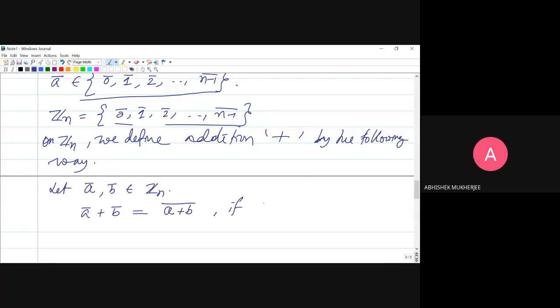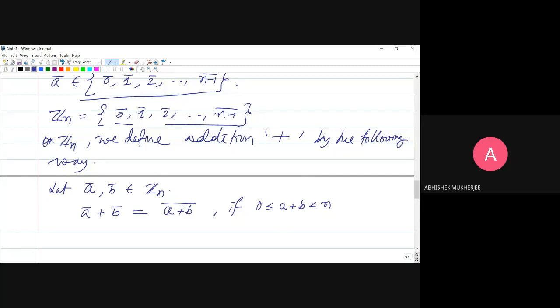If you see that this a plus b, since it is an integer, is between 0 and n, just take a and b, add them, and if a plus b is between 0 and n, then you just write down a plus b class, because this is your required class.